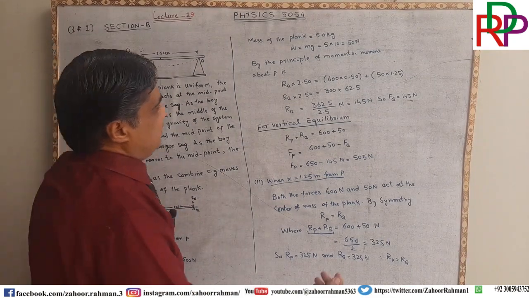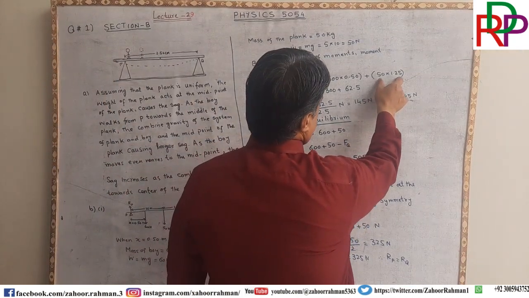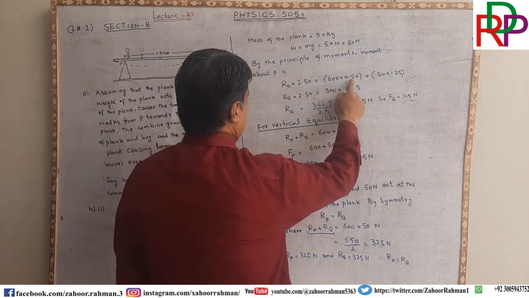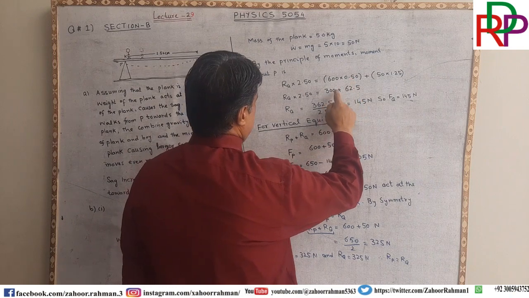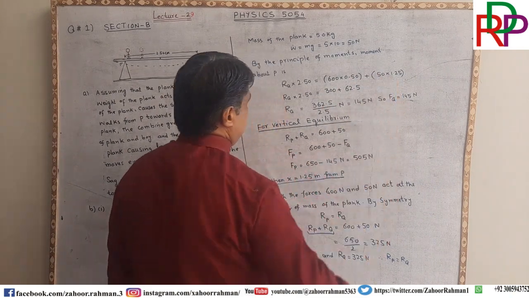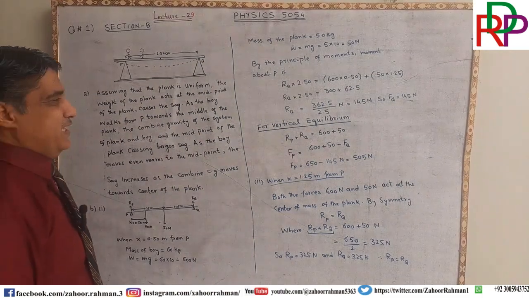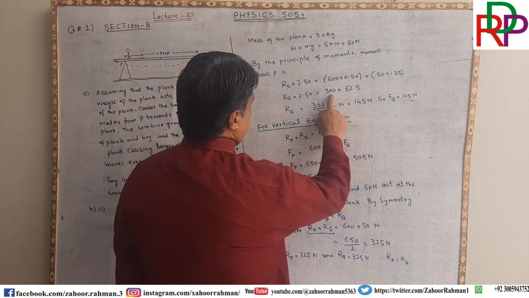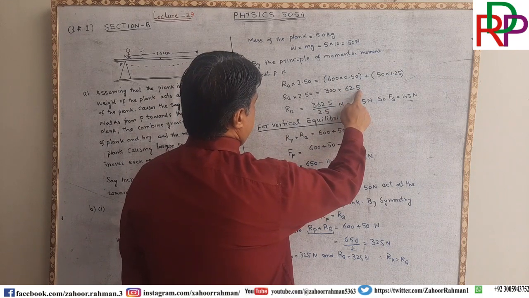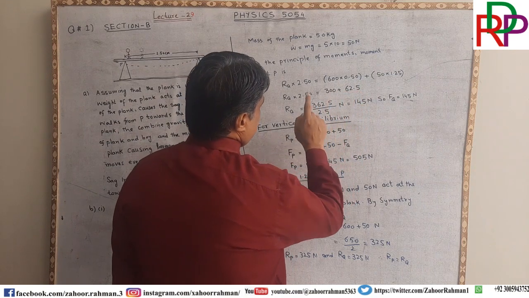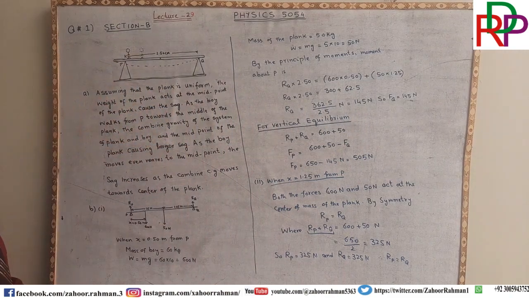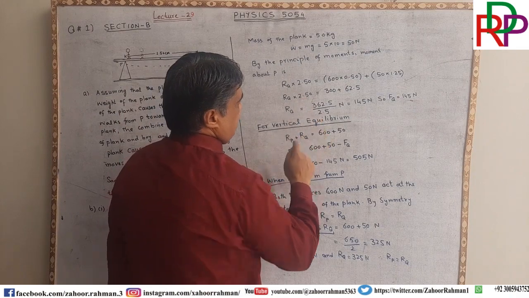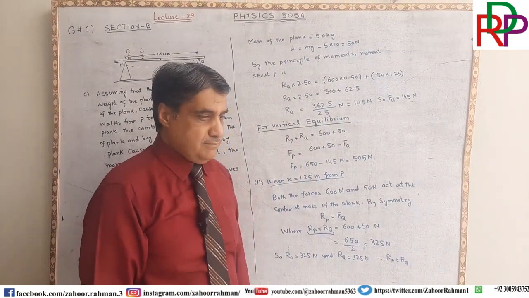So 50 multiplied by 1.25 is 62.5. When we multiply 600 with 0.5, we get 300. So 362.5, and this 2.5 will go to the other side.